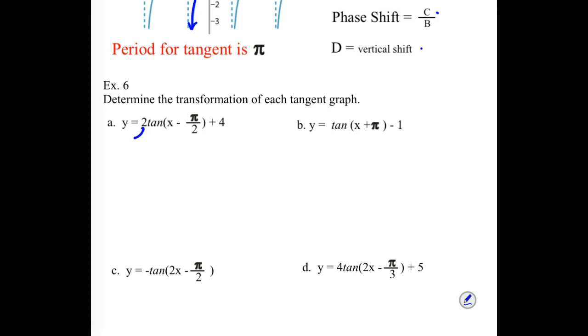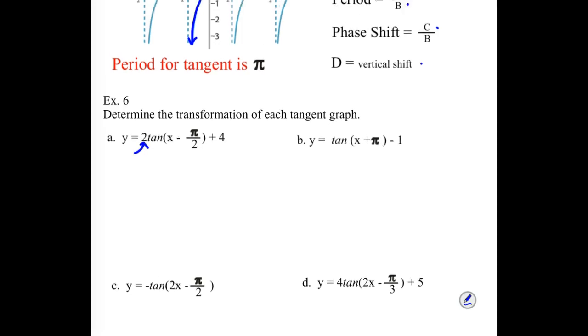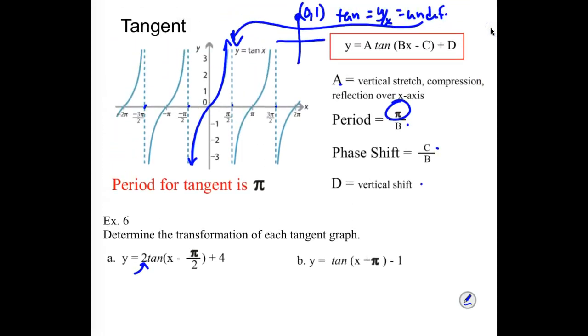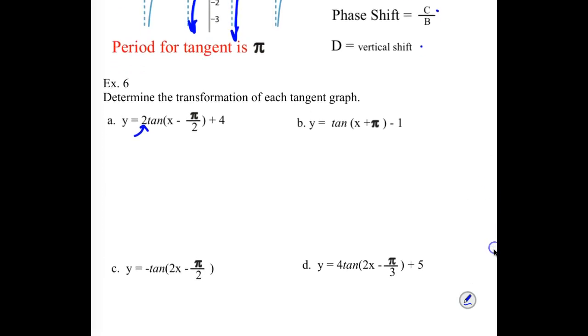So for our first one, we don't actually call it amplitude since there is no exact high and low point. Our graphs keep going up here and keep going down there. So there is no cutoff in terms of the amplitude like we had for sine and cosine. But we do have a vertical stretch. It's just not called amplitude.